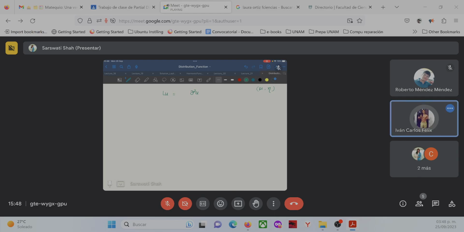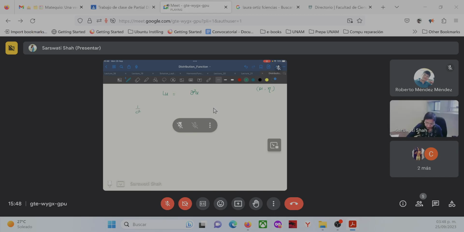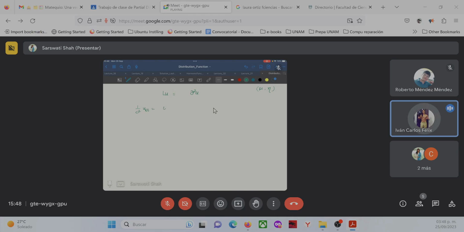One over v squared u_tt equals u_xx, or is it? I don't know if the constant is right. In this wave equation, this constant is taken to be a constant. Why is it so? I have already given you the explanation behind this.